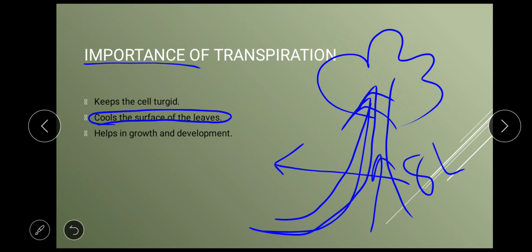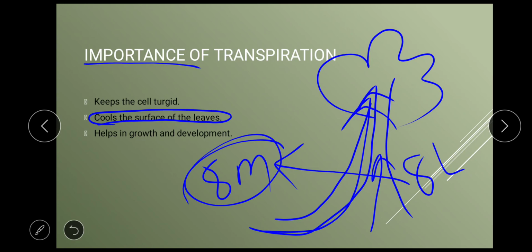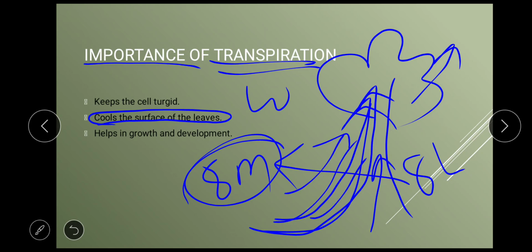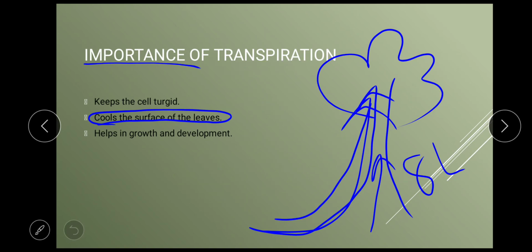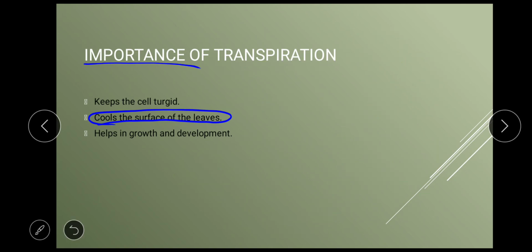Along with this 8 liters, again 8 minerals will enter the plant. So new minerals are coming into the plant, because transpiration is only of water. Minerals don't get evaporated, minerals stay inside the plant. So more and more water is coming inside the plant, more and more minerals are coming. So it helps in growth and development of the plant.